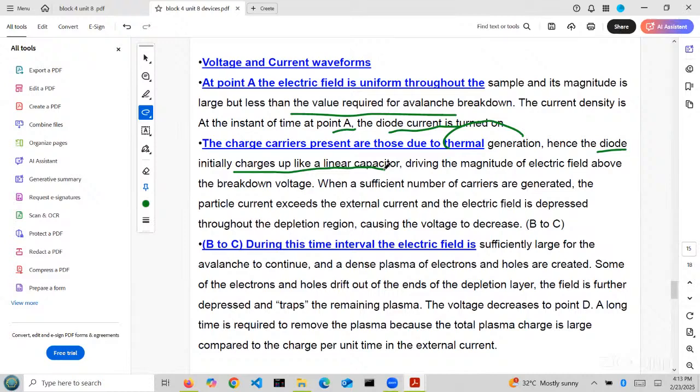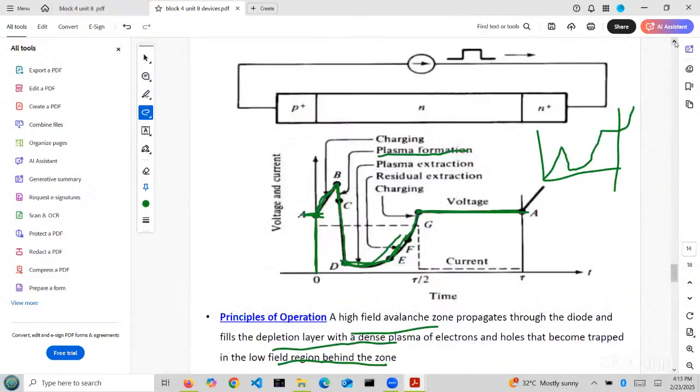Now, up to which point is it charging? From the figure, which point? B. From A to B, it is charging. From B to D, discharging. The diode acts as a capacitor and it is discharging. This is mentioned in the next one.